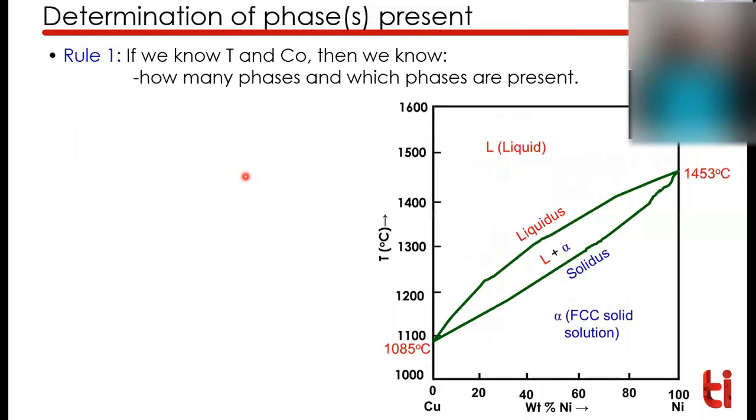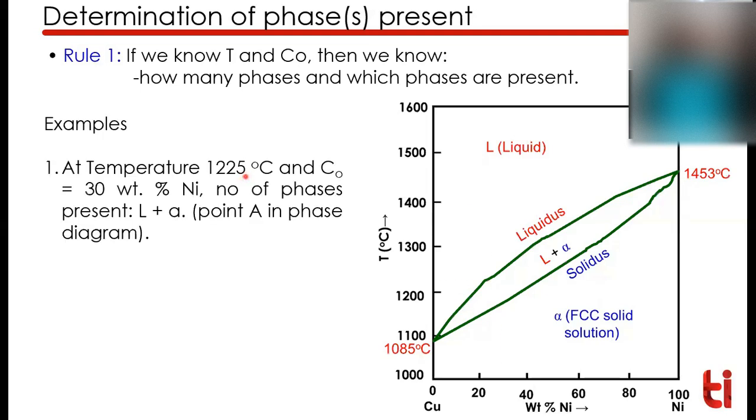So the situation is like this: temperature is 1225 degrees Celsius, and the alloy composition is C0, 30% nickel. It means in copper I have added 30% nickel, so 70% copper, 30 weight percent nickel. So how many phases will be present at 1225?